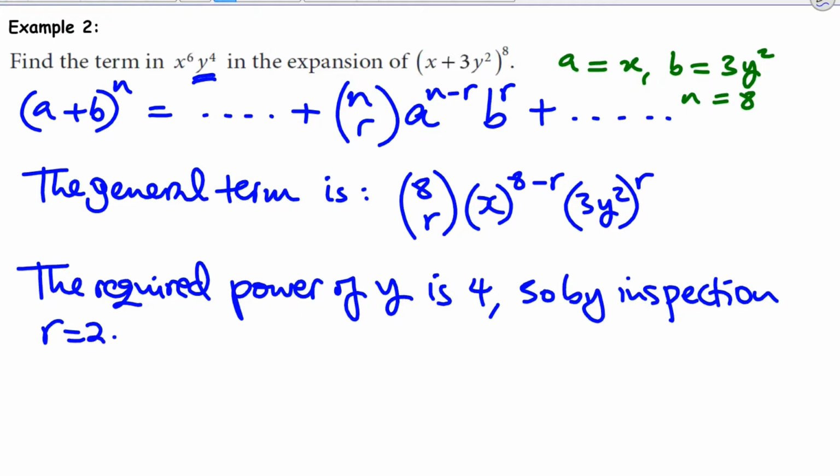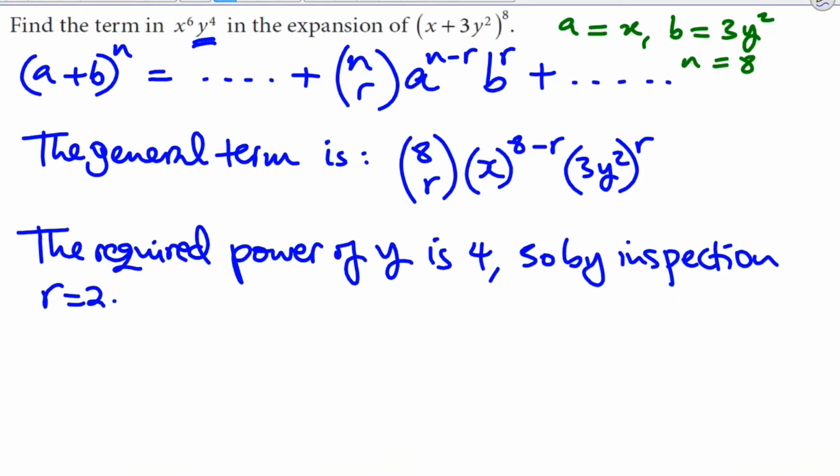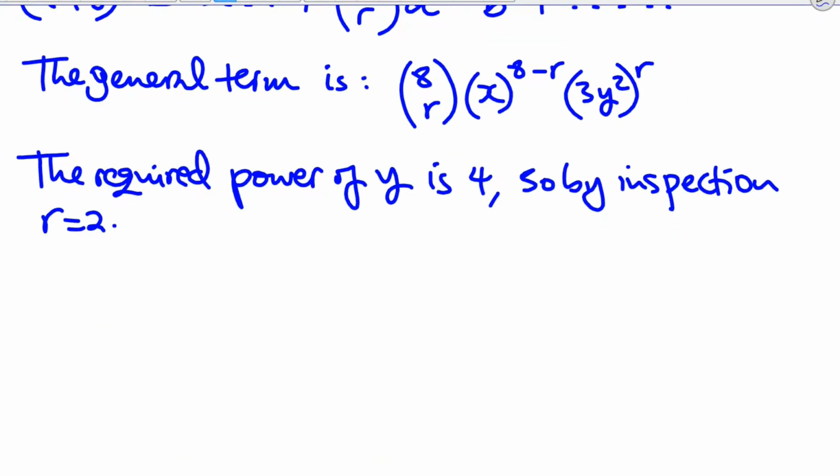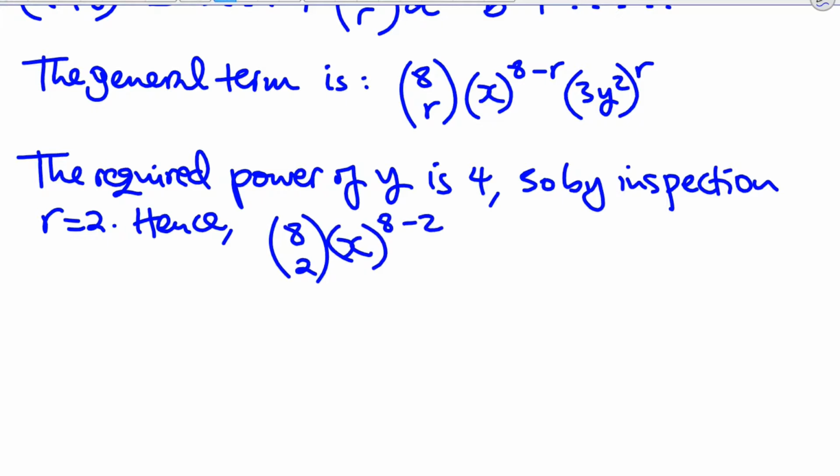Now, if r is equal to 2, it means that our specific term, the required term, will be 8 choose 2 multiplied by x to the power of 8 minus 2. I'm just plugging 2 in place of r, and then we have (3y squared) to power 2.